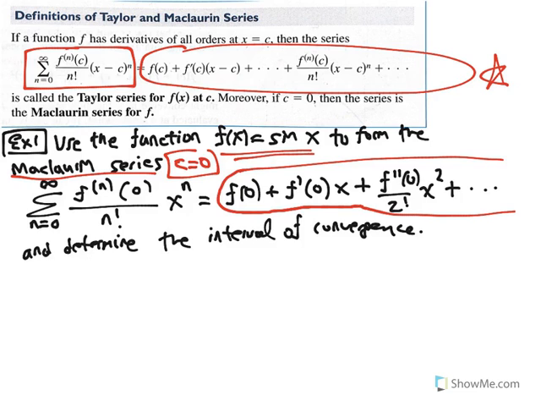So we need to find the values of these coefficients in our series. We begin by finding derivatives of our function and evaluating the function and its derivatives at 0. We want to see if perhaps we can detect some kind of pattern.